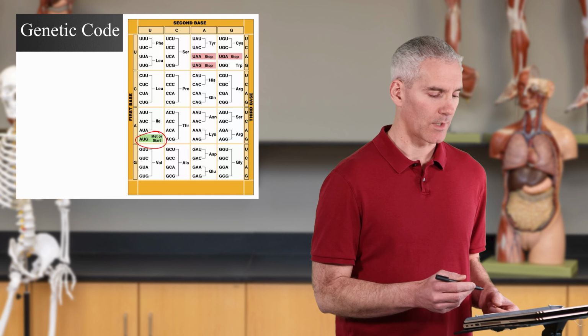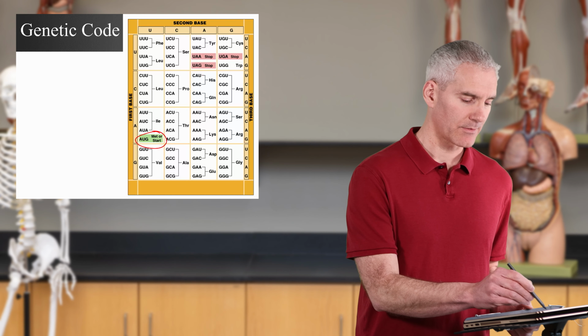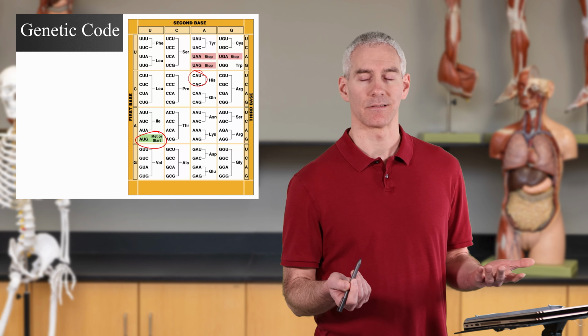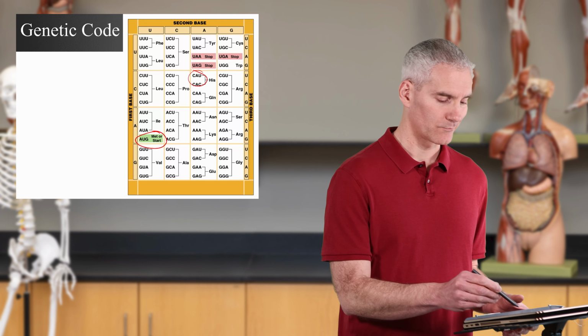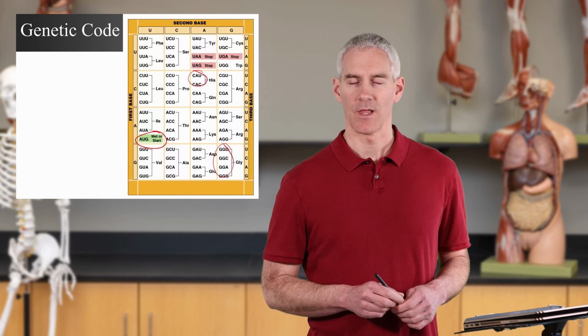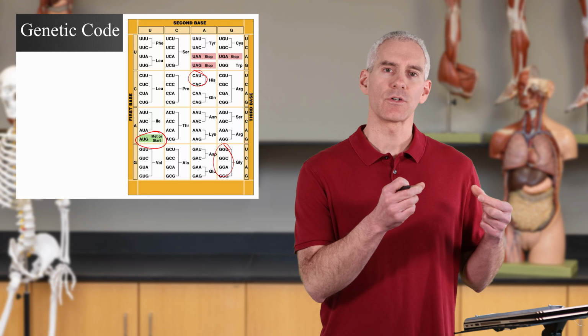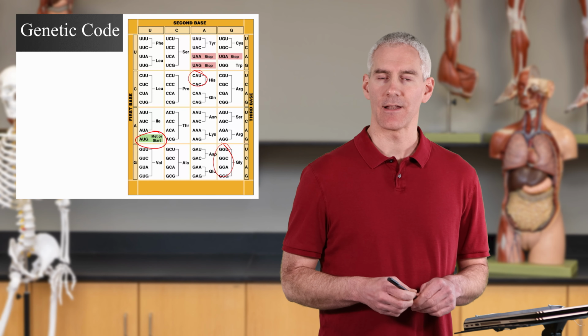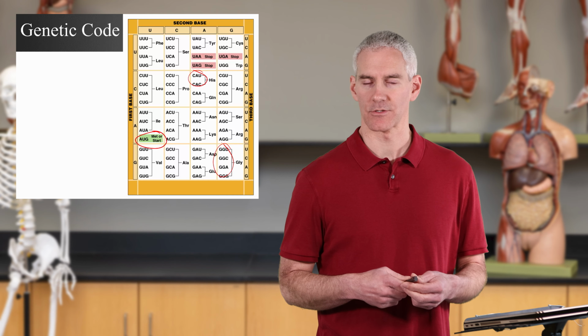But any of the other ones, you start looking through them and you're saying, okay, well, CAC is histidine. Or you go down here, and GGC is glycine. The idea is those are each individual amino acids and the different types of codons that can control them.